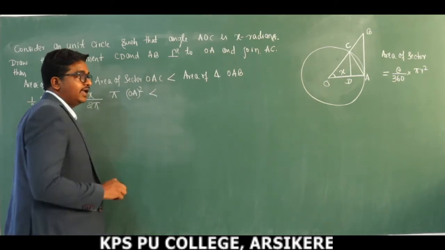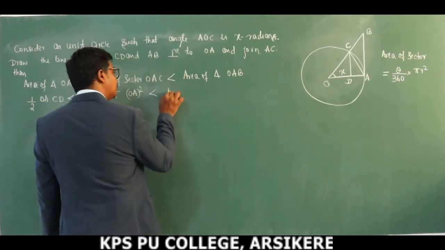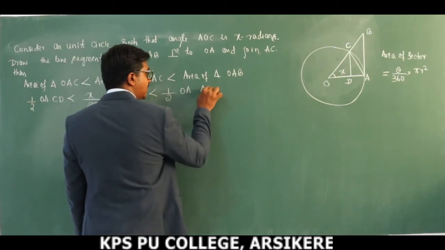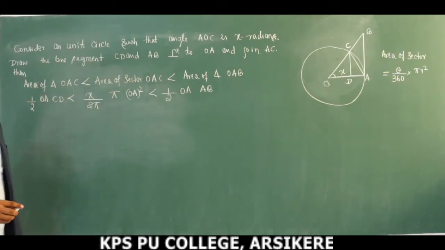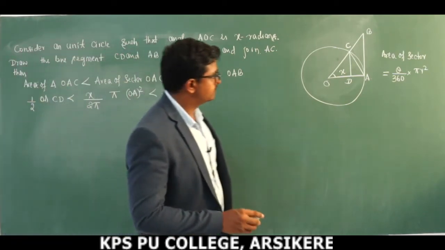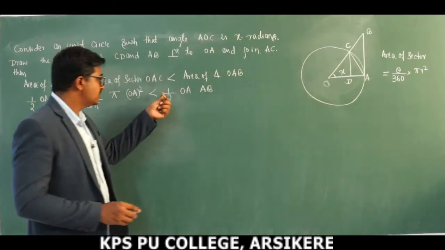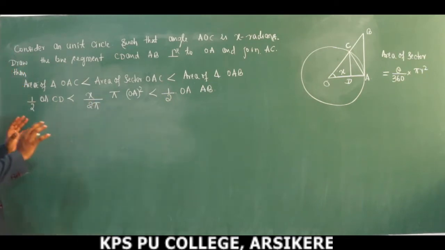Less than area of the triangle OAB, half into base OA into height AB. Here we have the triangle OAB and the corresponding area is half into OA into AB, half into base into height. Just observe carefully here.